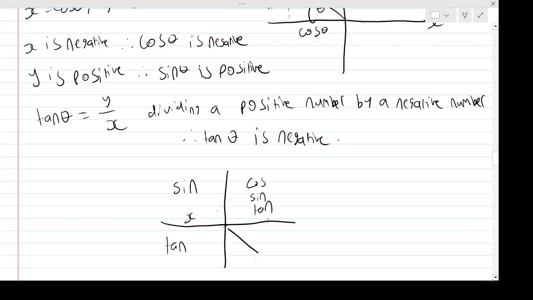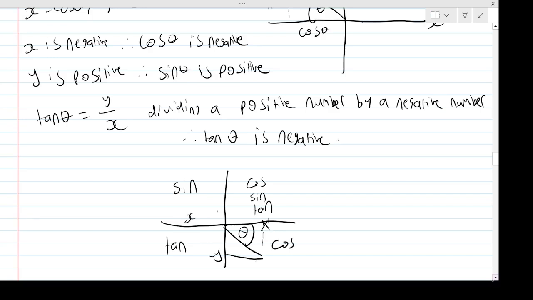Then lastly, we've got the last quadrant here. If we make an angle to the x-axis here, the x coordinate is going to be positive, but the y down here will be negative, right? So it'd have negative y and positive x. X represents cos, so if x is positive, then cos would be positive.